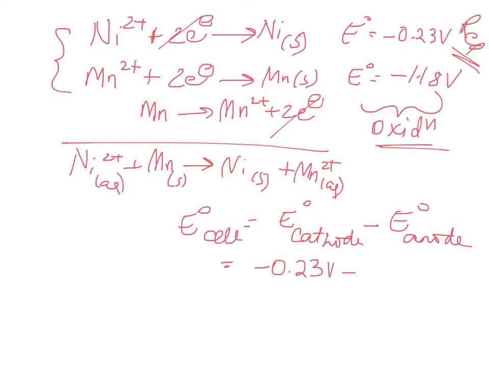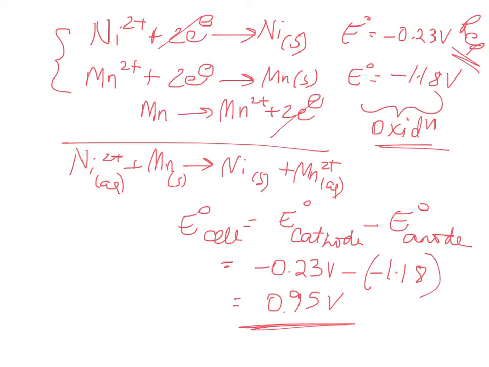And from that we are going to subtract out negative 1.18. So our overall value will be a positive number. On my calculator, it's showing me 0.95 volts. So the overall cell potential is a positive value. This is indicative of a spontaneous reaction.